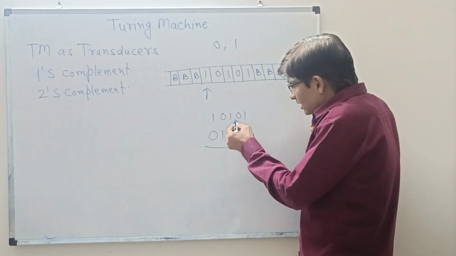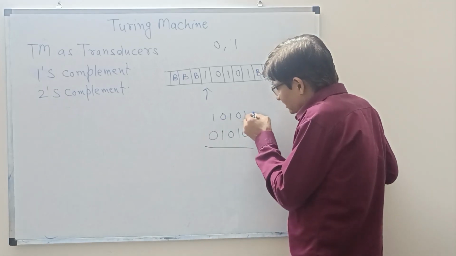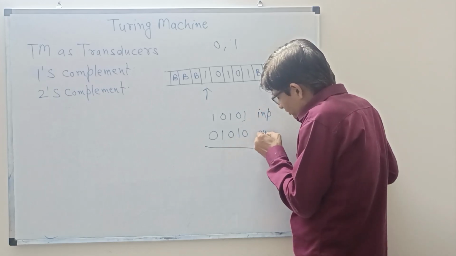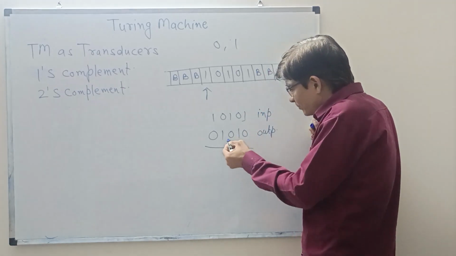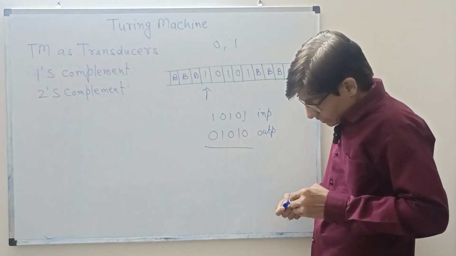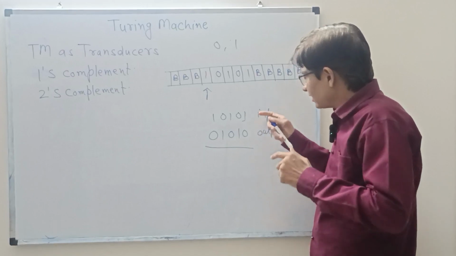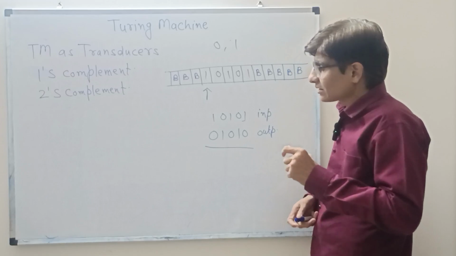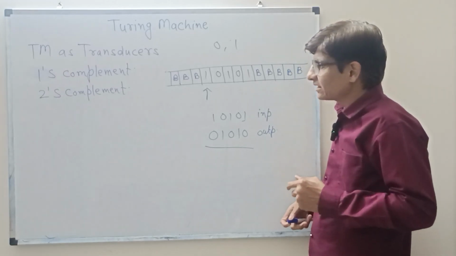So your input would be this, and this is your output. When you are completing your process, this must be on the tape. Now I will tell you how this particular Turing machine will work, and we will create the transition diagram.